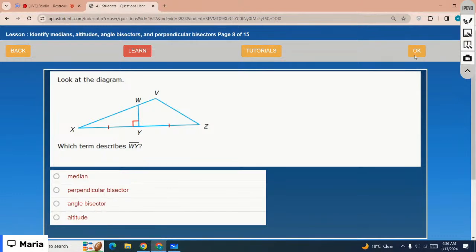Look at the diagram. Which term describes WY? WY is perpendicular on the line XZ. Also, WY divides the line XZ into two equal parts. So, which is the correct option?